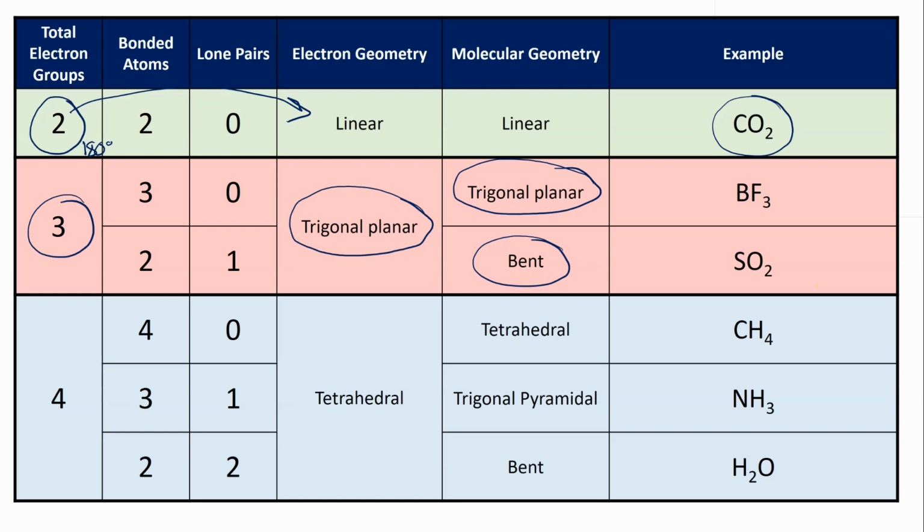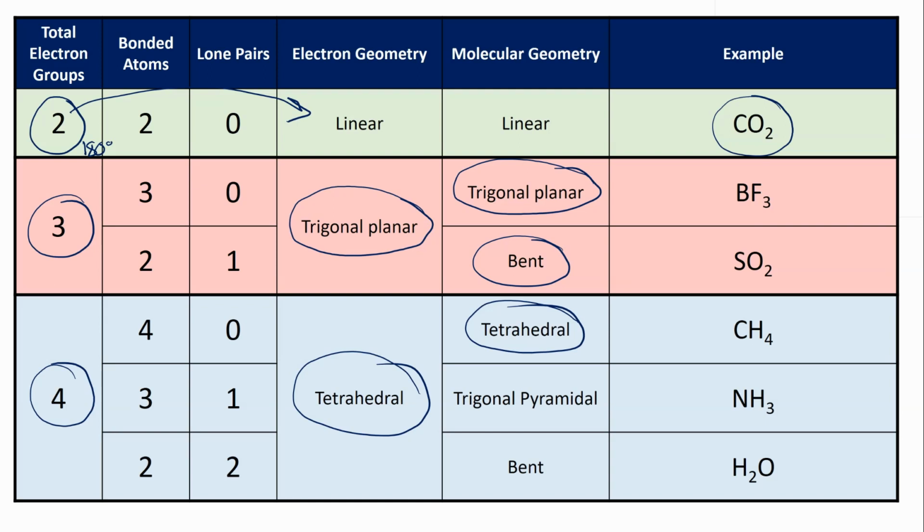If we go to 4 total electron groups, we're going to call it tetrahedral electron geometry, and if they're all bonded atoms, a tetrahedral molecular geometry. So methane is a classic example of a tetrahedral carbon. If we replace one of those bonded atoms with a lone pair, that would be something like ammonia.